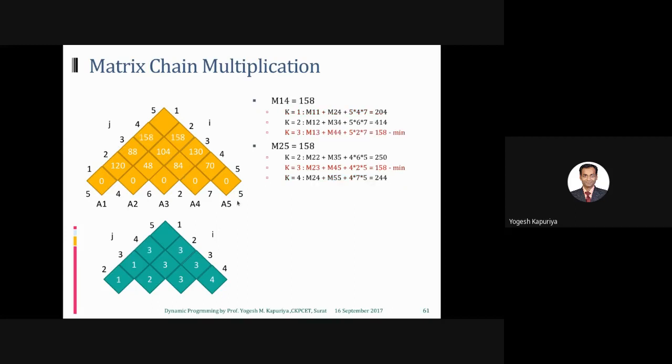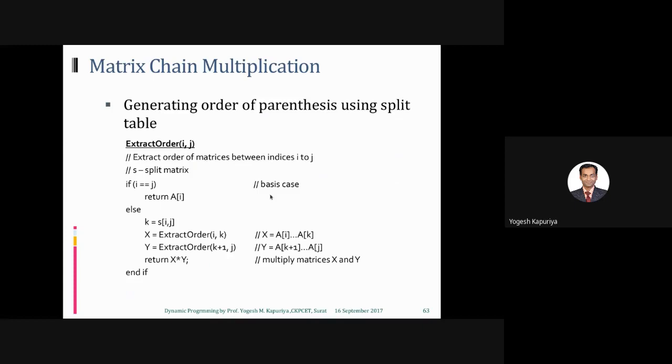Similarly, you can do it for the third level. In the third level, you have 3 values of K, and in the final level you have 4 values of K. You will put the value of K over here, and whichever K value gives the minimum result should be written over here. This is actually a recursive algorithm.